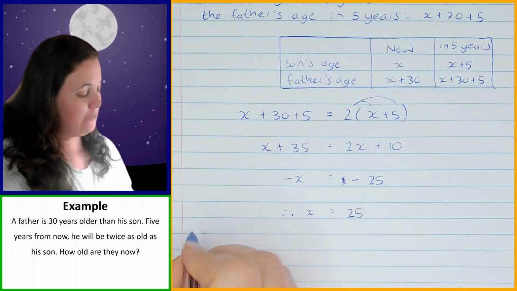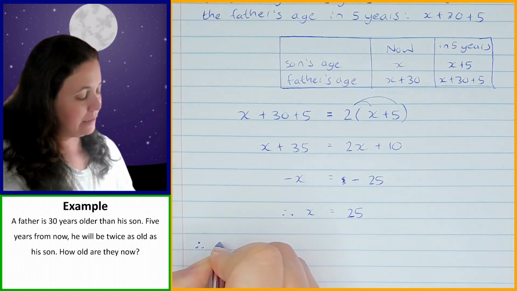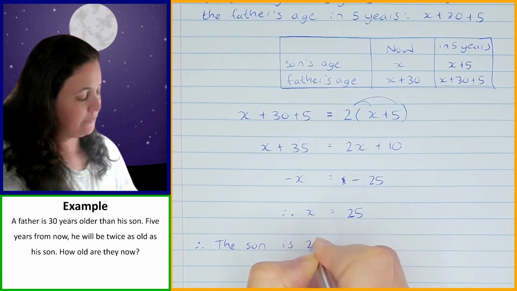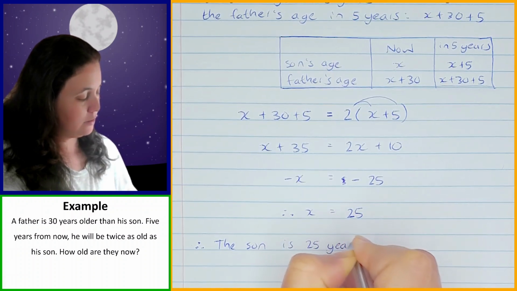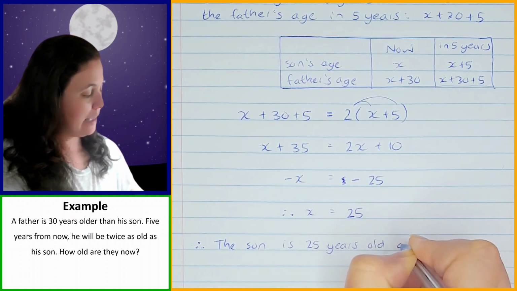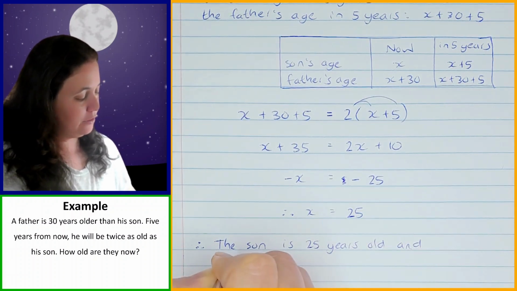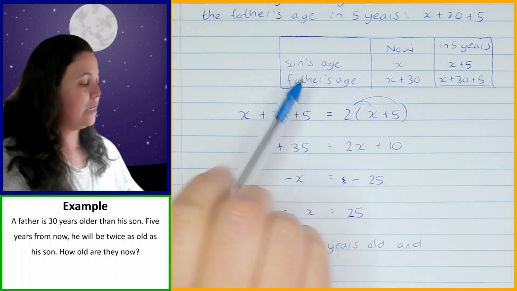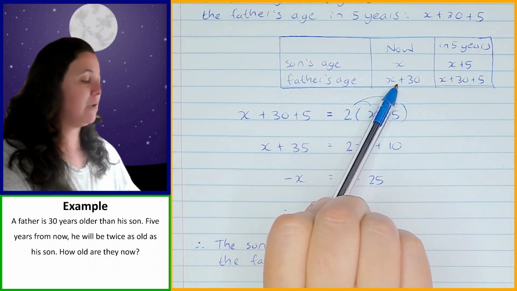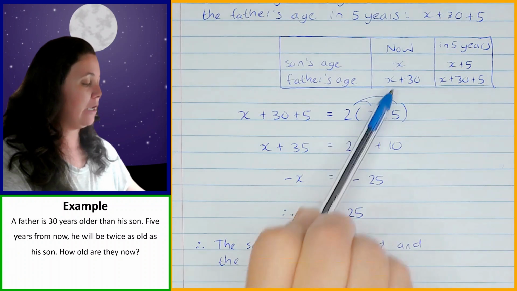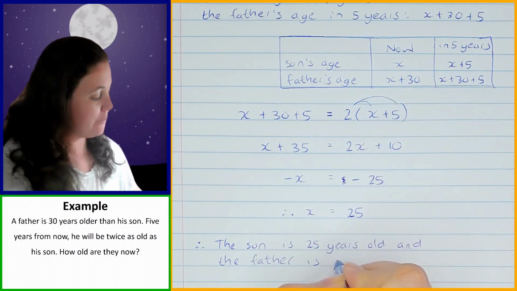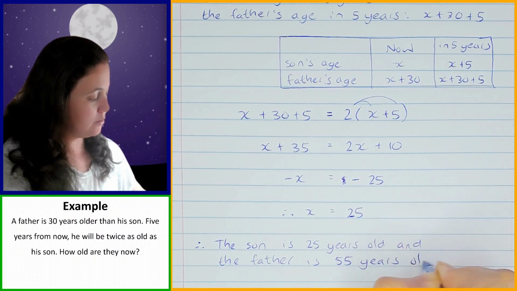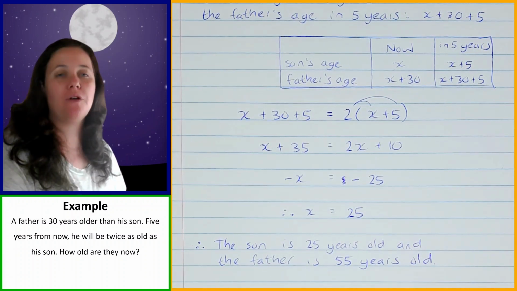So now we can say, therefore, the son is 25 years old, and the father is, now the father was x plus 30. So it's 25 plus 30, which gives us 55 years old. And that's how you would solve that question.